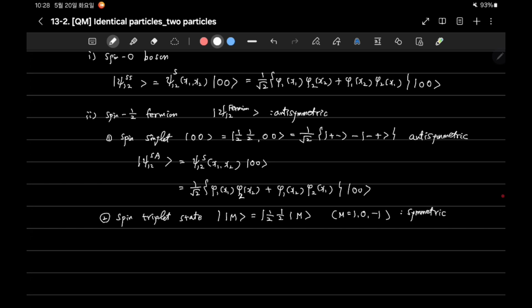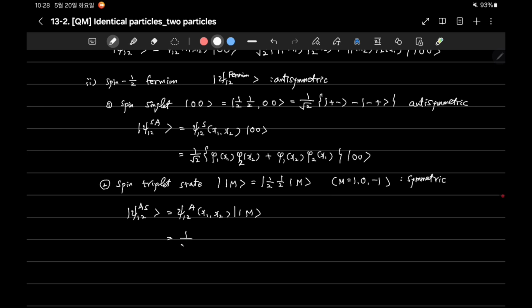Symmetric spin triplet. So for the total wave function of the 1, 2 particles, the spin is symmetric, and therefore the spatial part should be antisymmetric. So psi(1,2) is antisymmetric in x1 and x2, and the spin state 1m is symmetric. So the total wave function is antisymmetric.